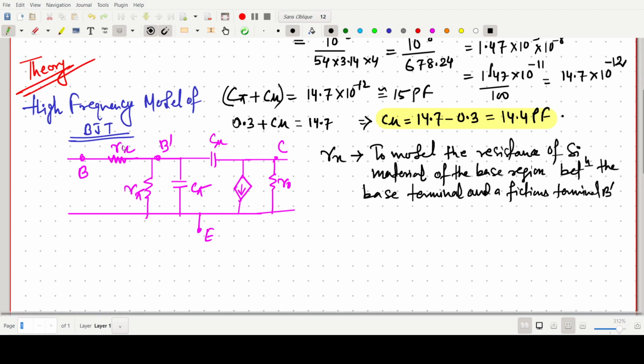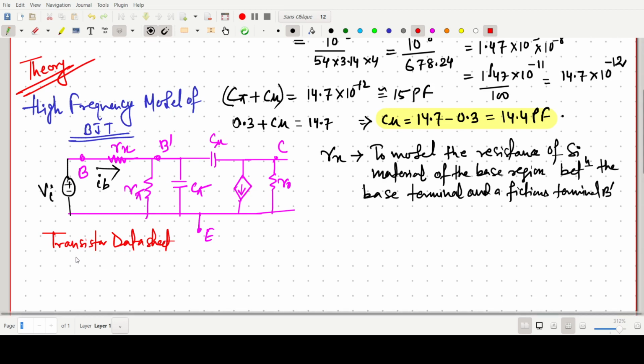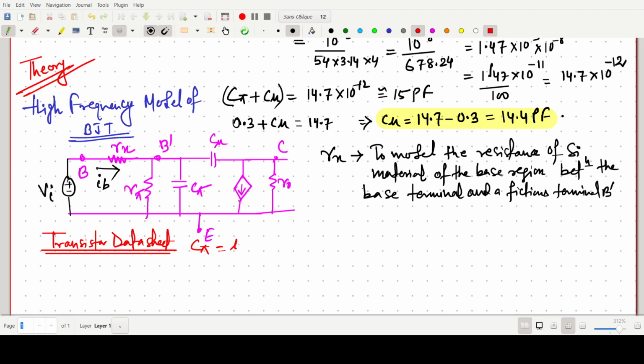So that one is the high frequency model, and if we give some signal, say plus or minus vi, the current in this one is IB. So what next? In the transistor data sheet, the designer will never give the value of C pi, C mu.